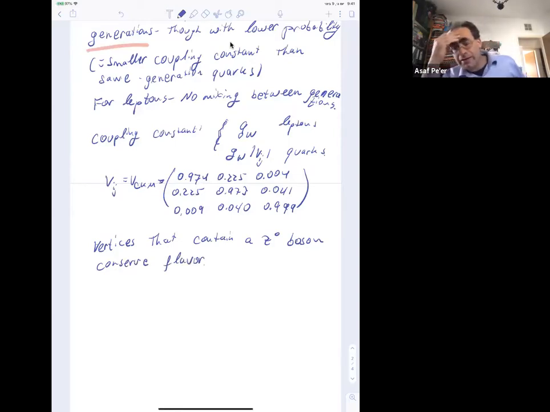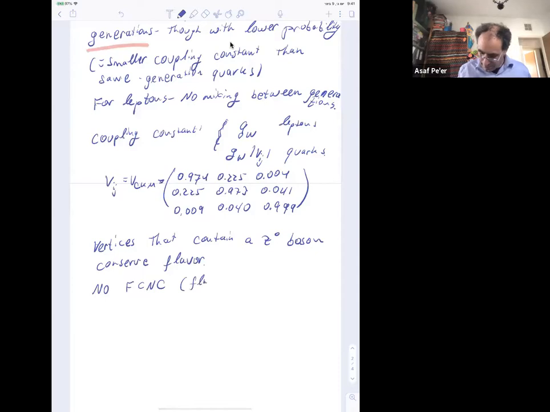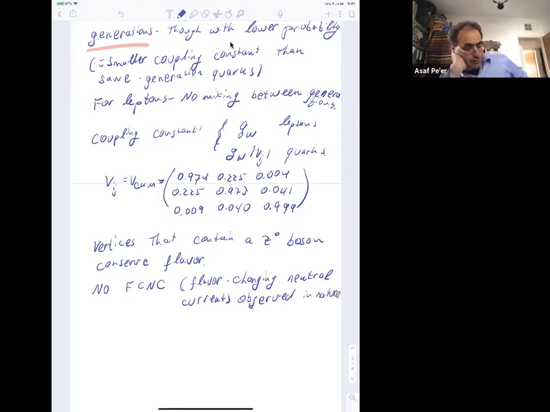So we said that the technical term is that there is no flavor changing neutral current, FCNC, observed in nature. So it's not part of the standard model. Maybe it's part of extensions, but not part of the standard model.